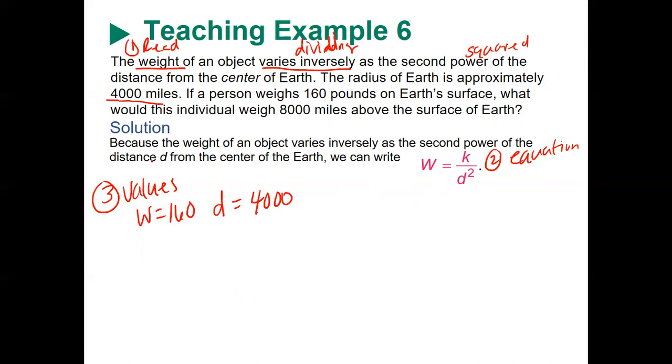So on Earth, you're 4,000 miles away from the center of Earth, and that's how your weight is: 160. So out in space, an additional 4,000 miles away, how much would you weigh? Well, in order to find that, we have to find our K. So step 4 is to solve for K. Using the information we have, 160 equals K divided by 4,000 squared.